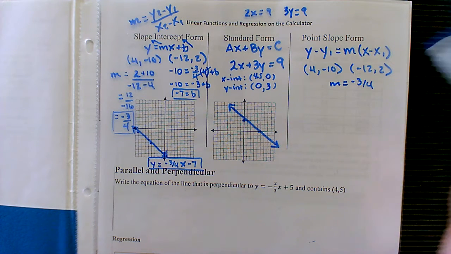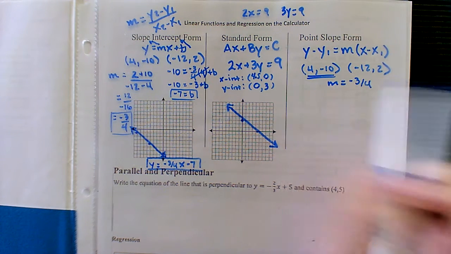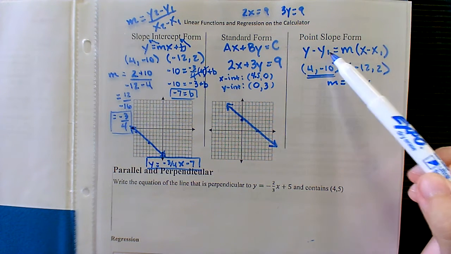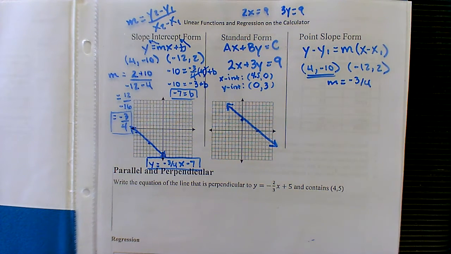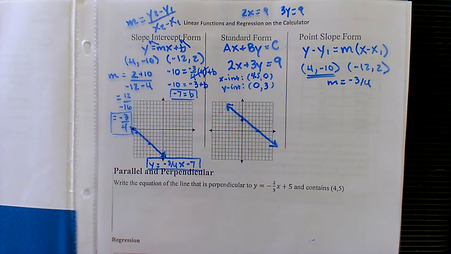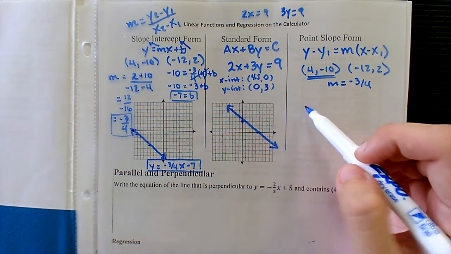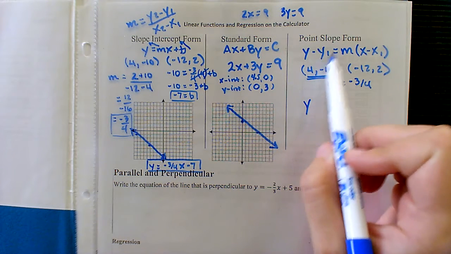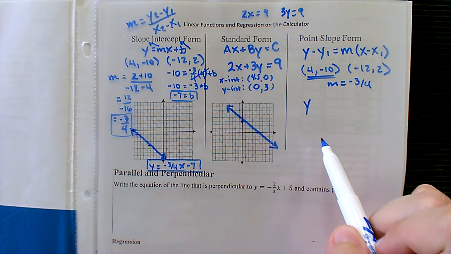So let's go ahead and maybe write both of them. If we were to use the first point and that slope, what would our point-slope equation look like? The x1 and y1 are coming from your point, the x value and y value. Can we think about it? We need y minus the y value from the point.